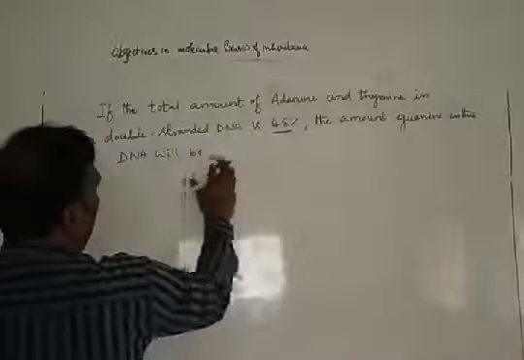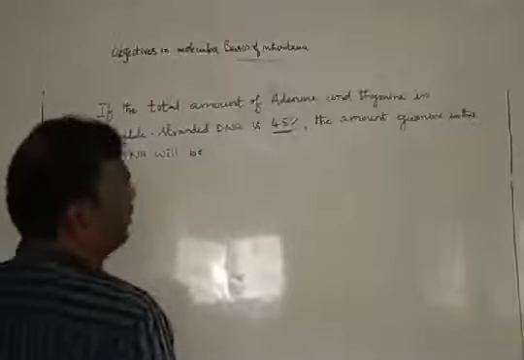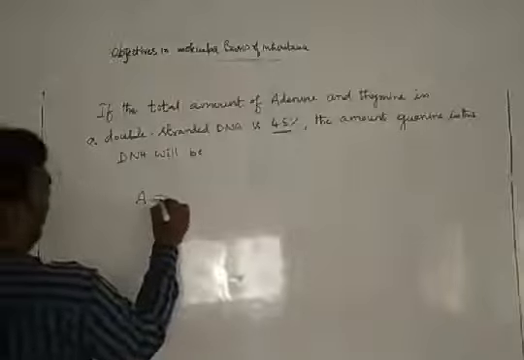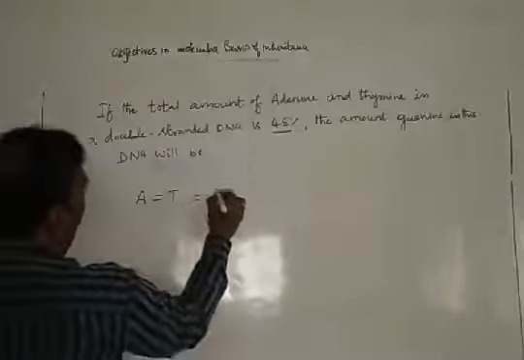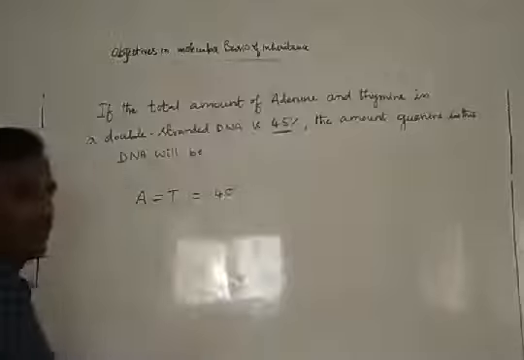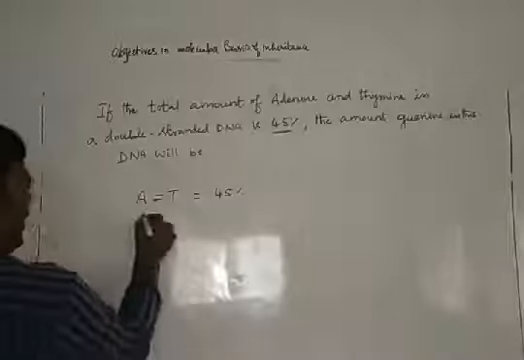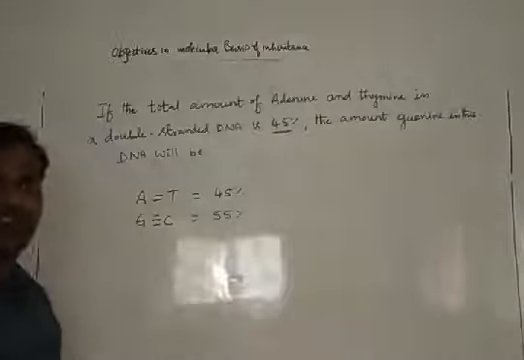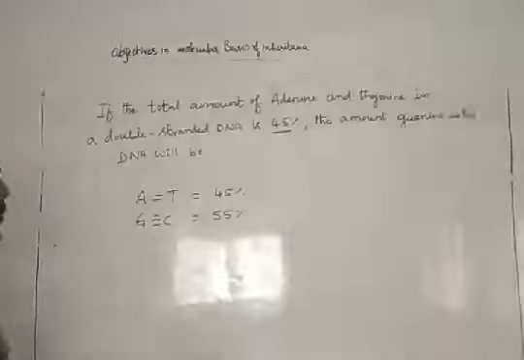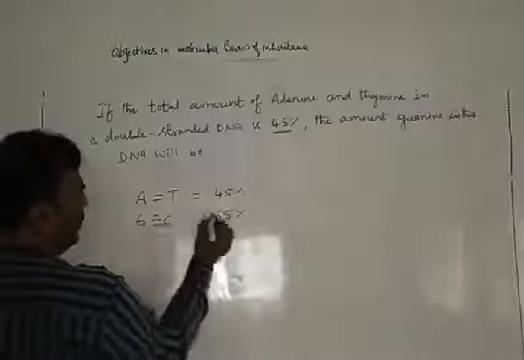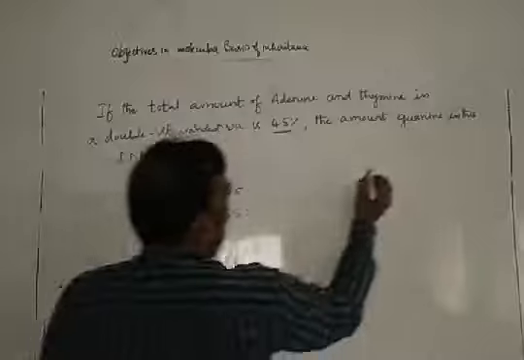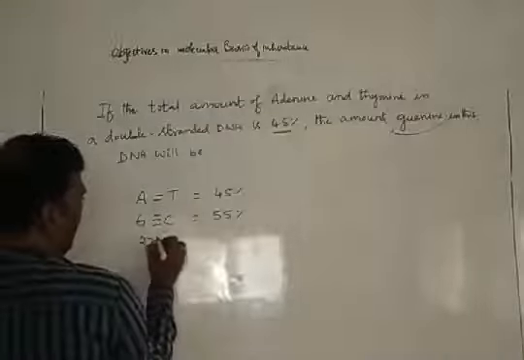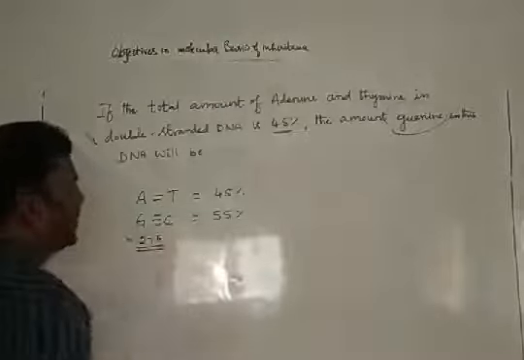We have to find the guanine percentage. Adenine and thymine together form 45% out of 100%. Guanine and cytosine form the remaining 55%. Easy question. So guanine and cytosine 55% means only guanine is 27.5%.